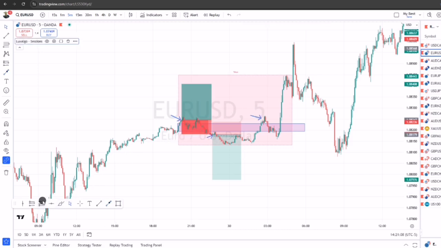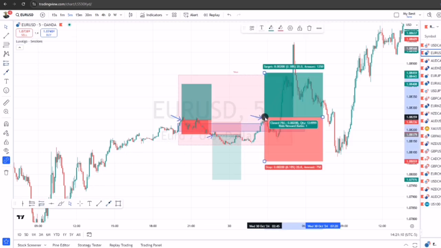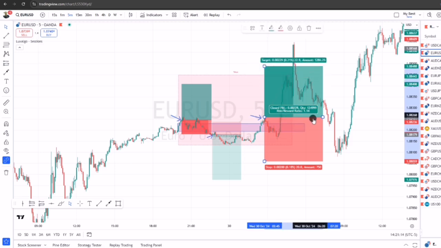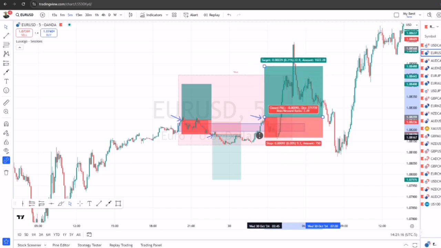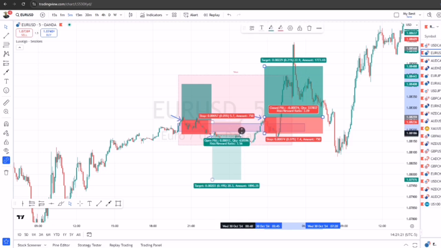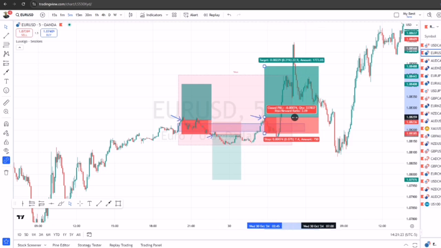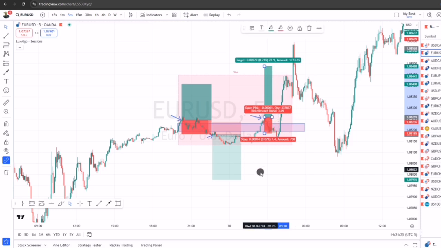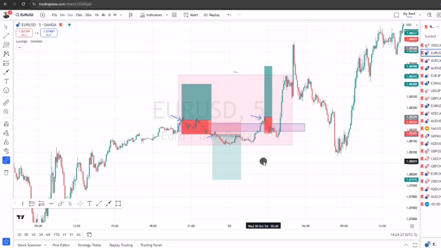Okay, you buy. I don't know where you put your stop loss, but I like to have my stop loss just below the key level that I have drawn. Worst case scenario, let's say it takes you out. This is a bad day, and then right there you sell, and then it takes you out.